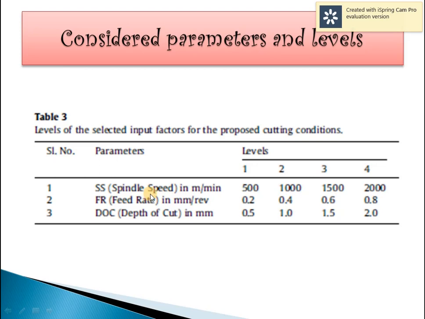Okay. So spindle speed, the first input process parameter, was considered in their work with 4 different levels ranging from 500 to 2000 with an interval of 500. The second process parameter was feed rate, which was also considered at 4 different levels ranging from 0.2 to 0.8. Depth of cut has also been considered at 4 different conditions.